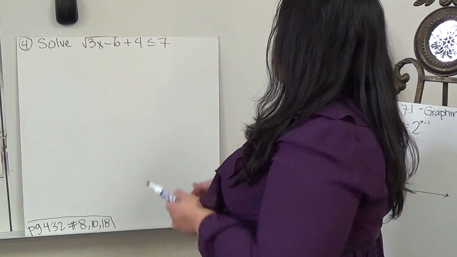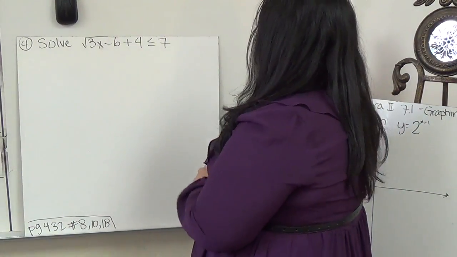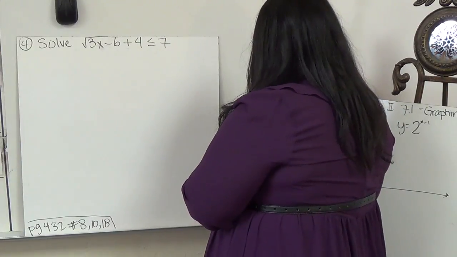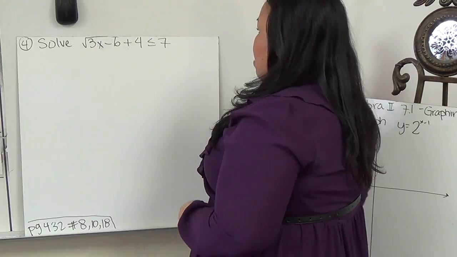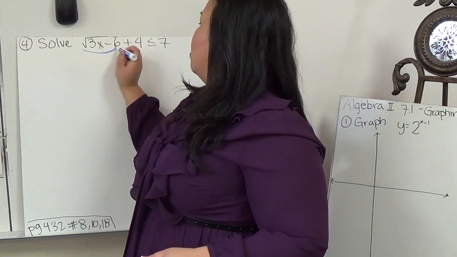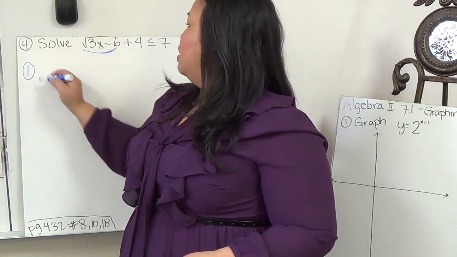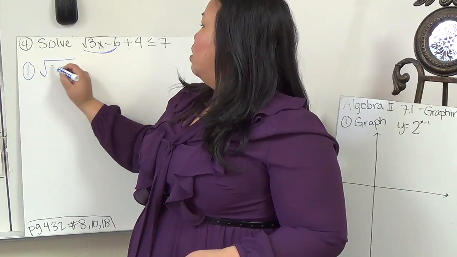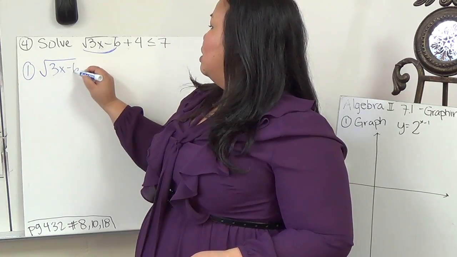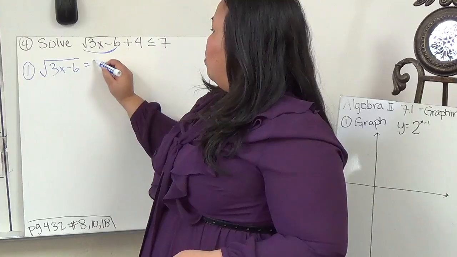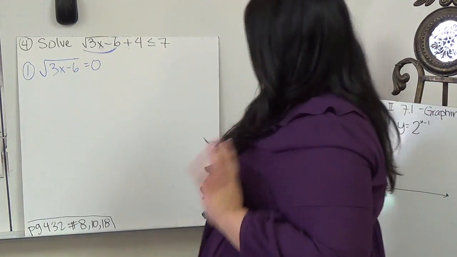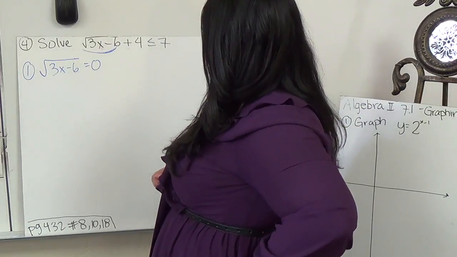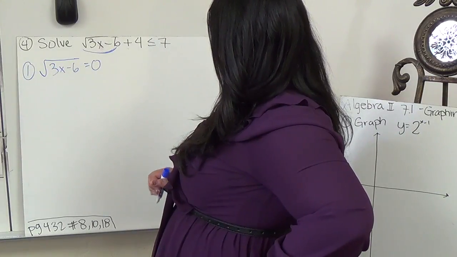Okay. So in this one, we have a root. My first step, it tells me that I need to solve, so I'm just going to focus on this square root. So my first step is to set the square root of 3x minus 6 greater than or equal to 0. Let me solve the boundary first.